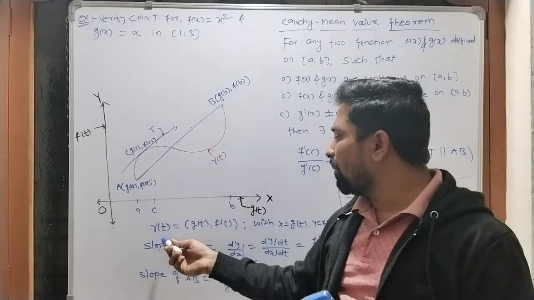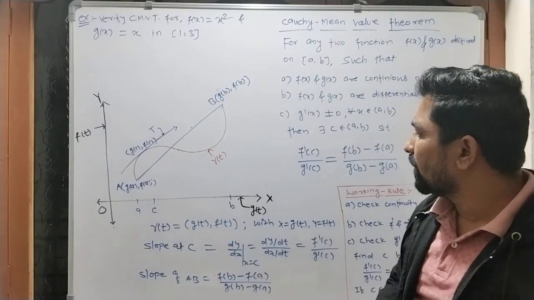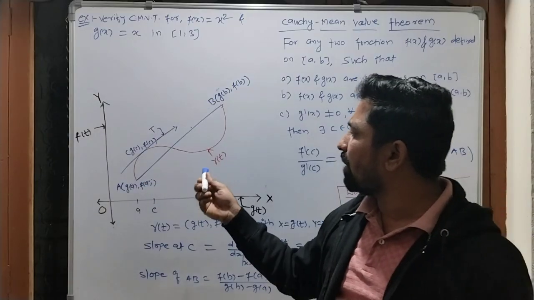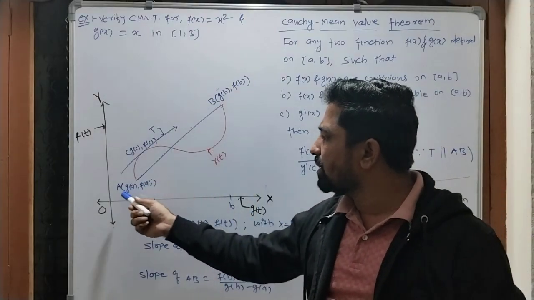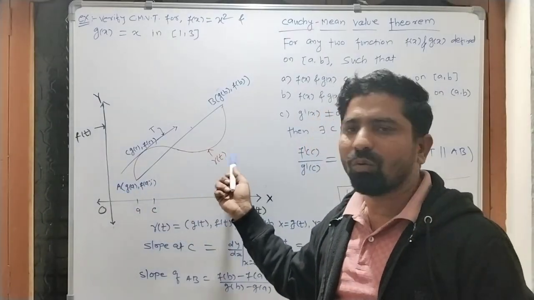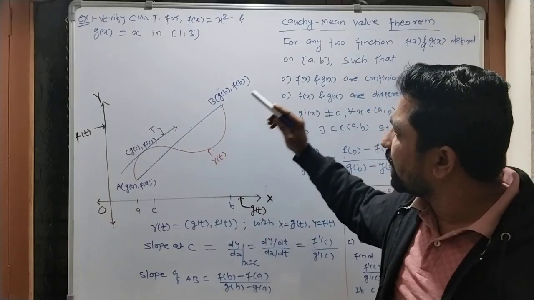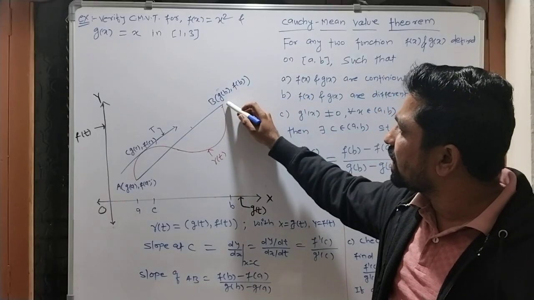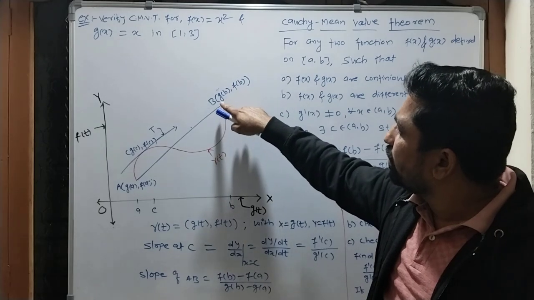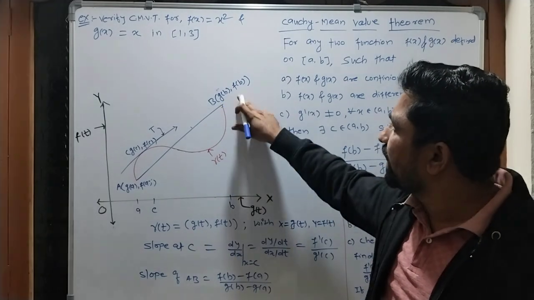So gamma(t) equals (g(t), f(t)). The starting point of my parametric curve gamma(t) is (g(a), f(a)) at t equal to a, and the end point I will denote as B, which is (g(b), f(b)) at t equal to b.